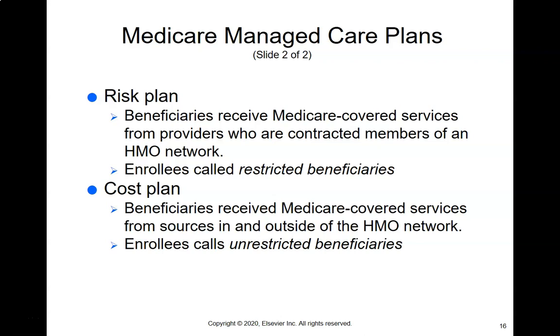Enrollees are called restricted beneficiaries. The cost plan: beneficiaries receive Medicare covered services from sources in and outside of the HMO network. Enrollees are called unrestricted beneficiaries.